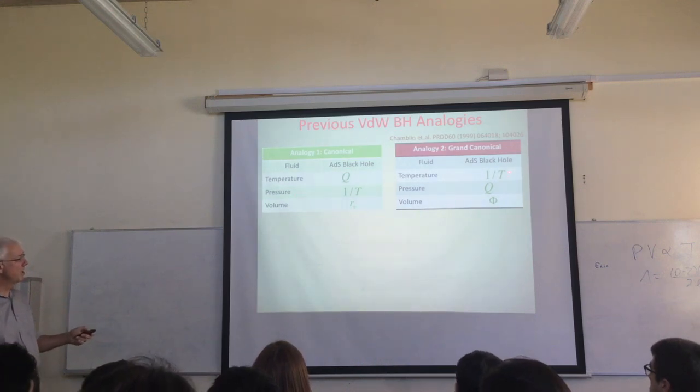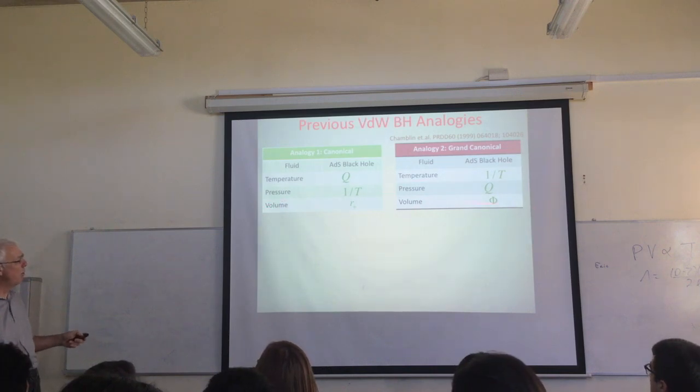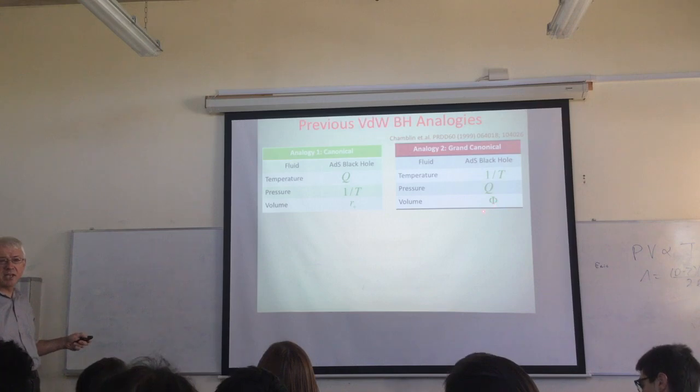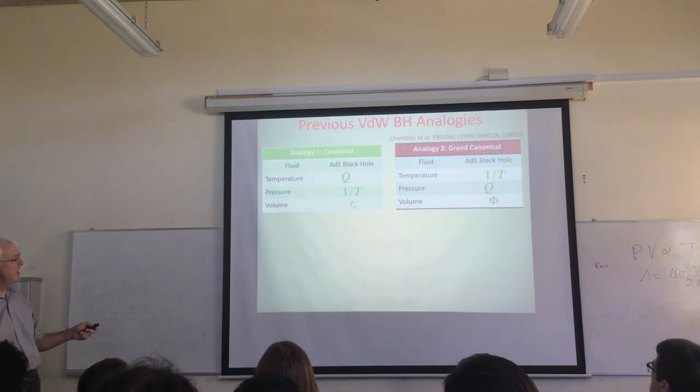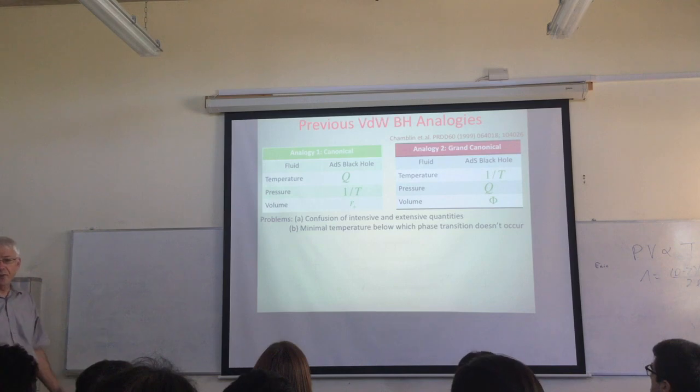The other way of doing it is that the inverse temperature for the black hole was the fluid temperature, the charge could be interpreted as the pressure, and the electromagnetic potential would be the volume. They actually looked at both. If you fix the electrostatic potential, this is generally called the grand canonical ensemble. So that's hence this name instead of this name, whereas if you fix the charge, it's canonical. Well, we analyzed these, and neither of them work.